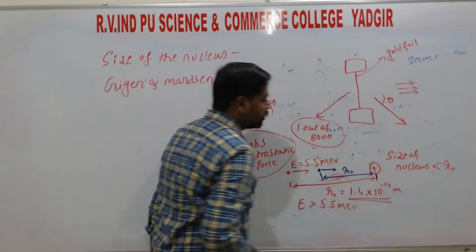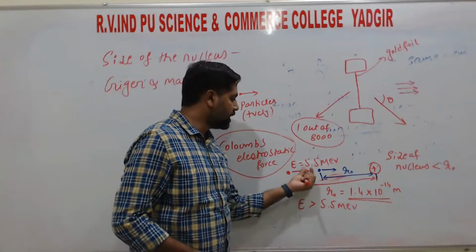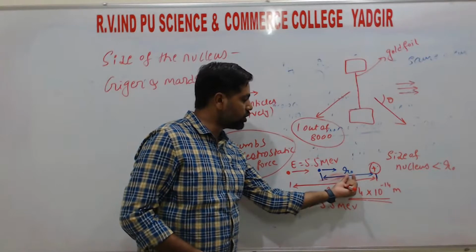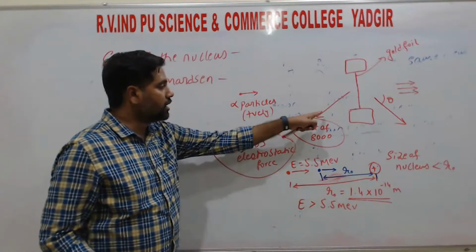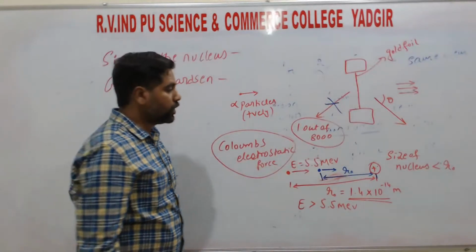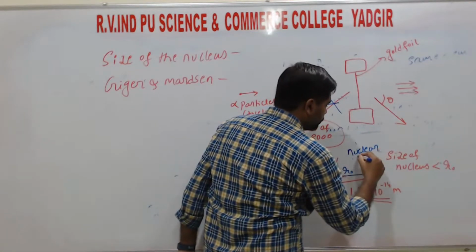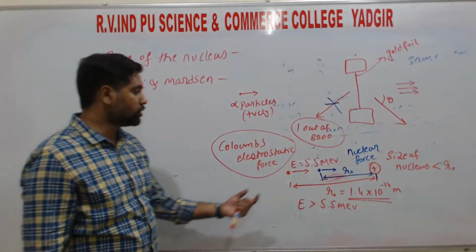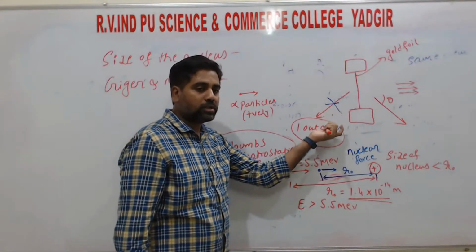So this becomes R0. So when the energy is greater than 5.5 mega electron volt, the distance of closest approach R0 becomes very small, hence backward scattering does not take place, because there may exist the nuclear force. That is because of the nuclear force, the backward scattering is not possible, right?